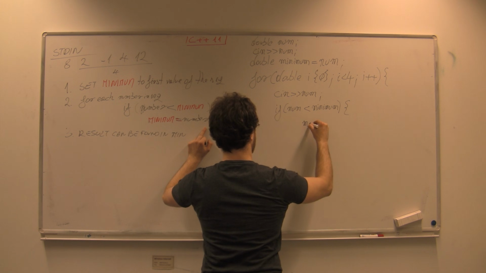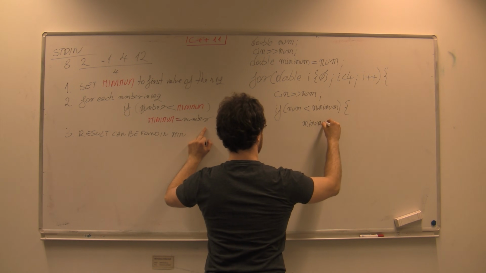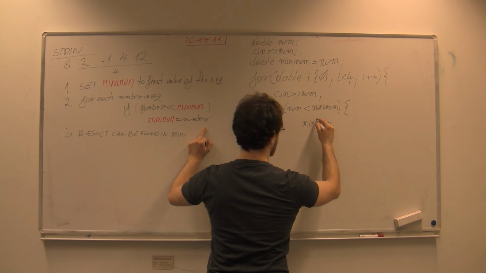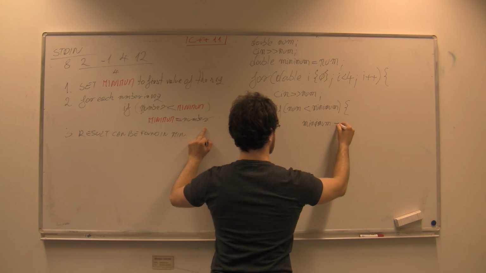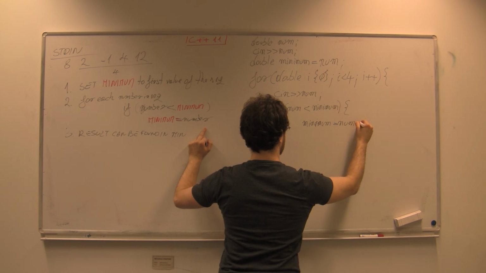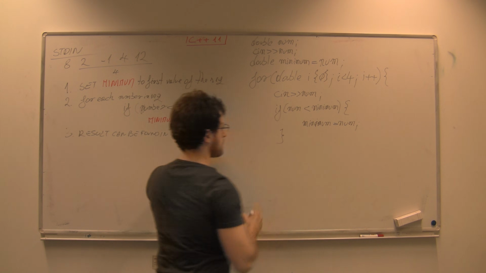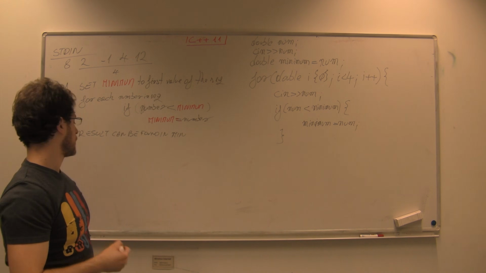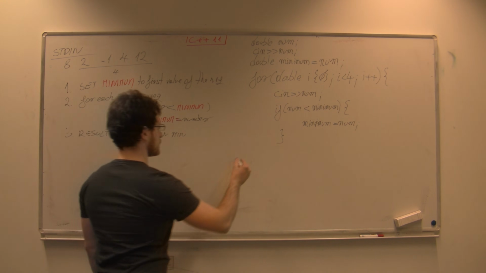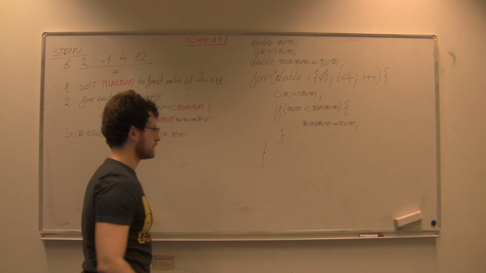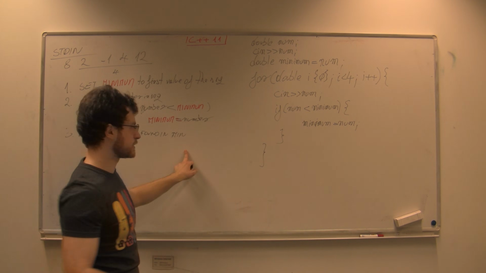So minimum becomes this value now. And that's all we do in the loop. Finally, we print out the result.